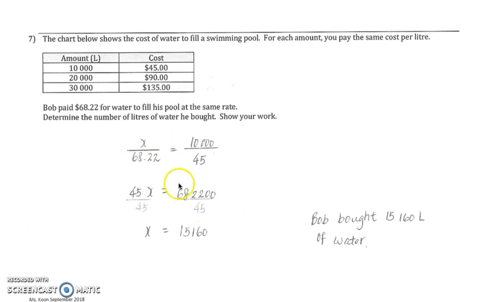So cross multiply and then divide by 45 to get the volume of water Bob paid for. So we found that Bob actually bought 15,160 liters of water.